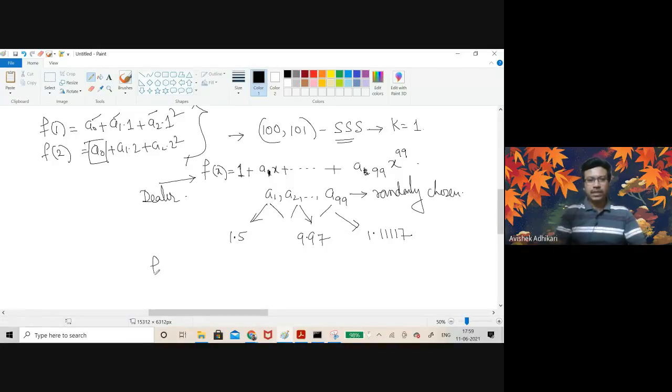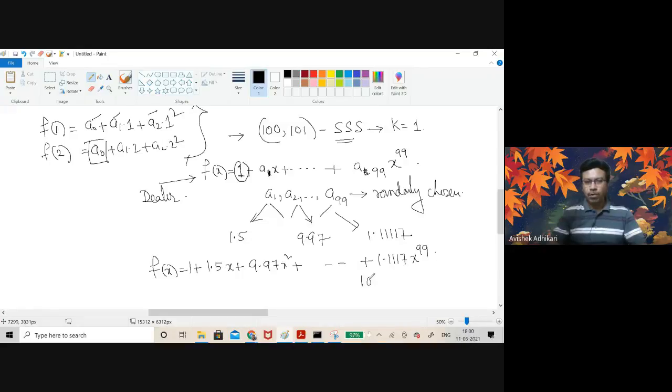Then he will construct this polynomial f(x) equal to the secret, which is always A0, 1 plus 1.5 x plus 9.97 x square plus and so on plus 1.1117 x to the power 99. So this is a 99-degree equation.